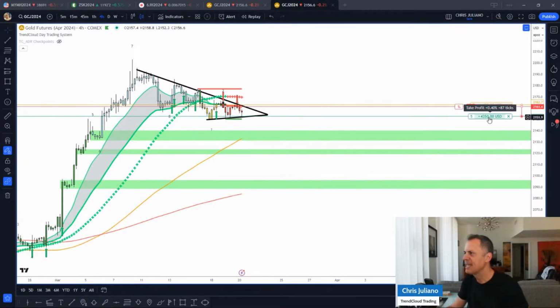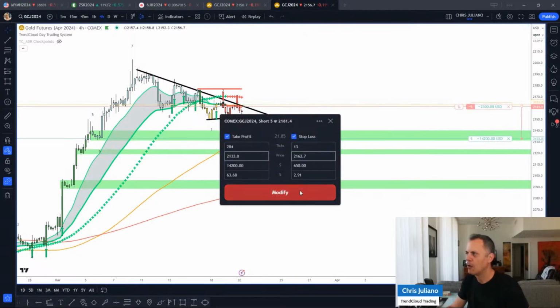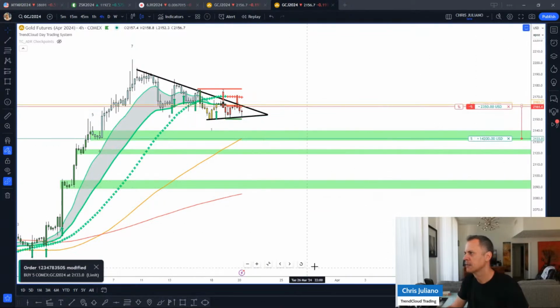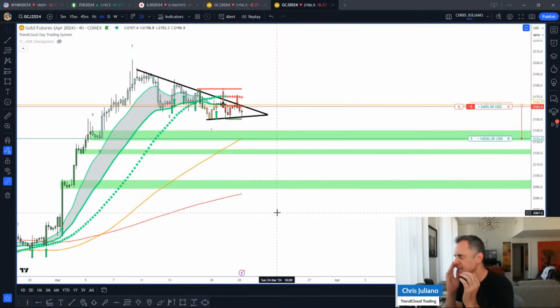If we stay in the trend with all 5 contracts, that's $14,000. That's $14,000. I kind of want to use this as an experiment and just leave everything alone until we hit that major level, right?